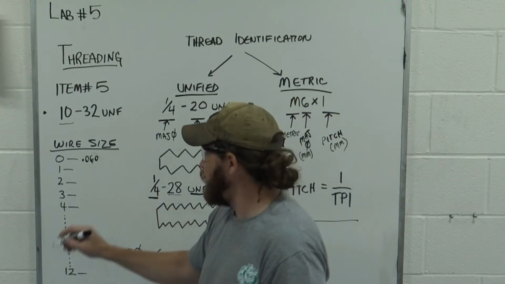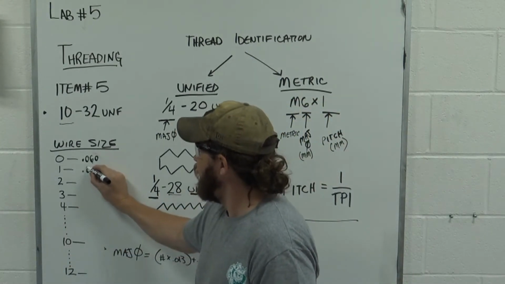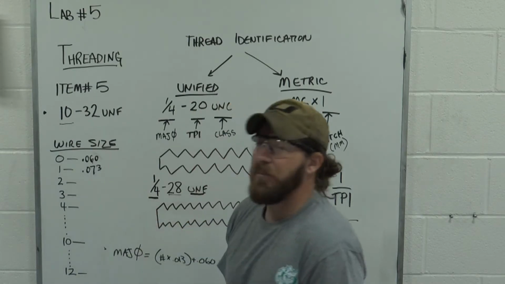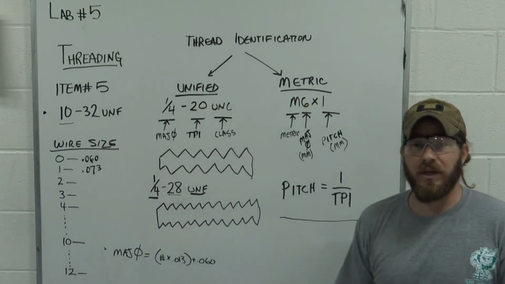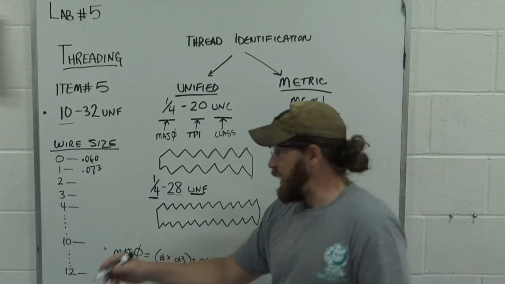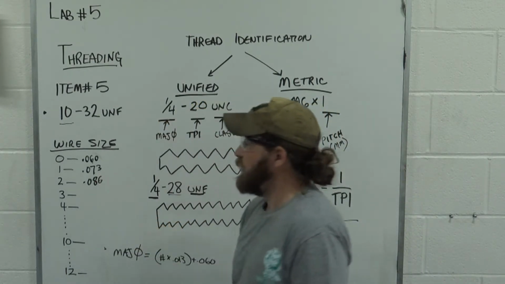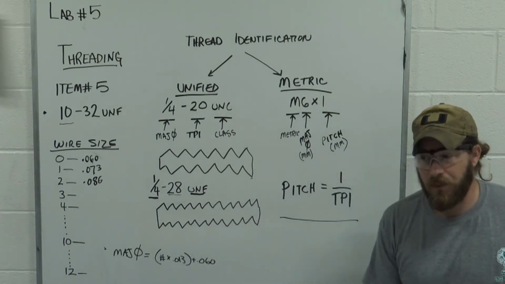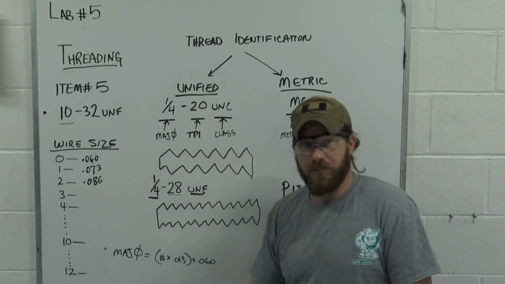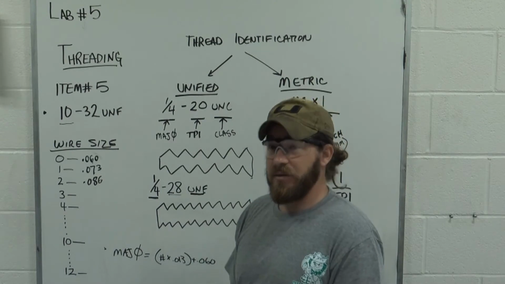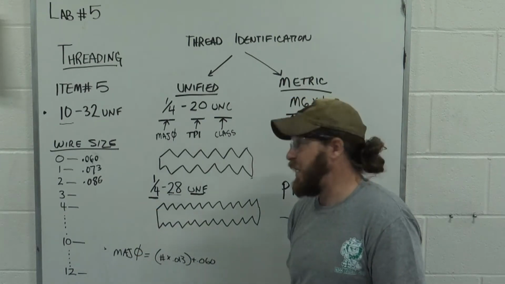So a number 1 would have a major diameter of 0.073. A number 2, 0.086. We're not going to go through all of them because I'm sure you're good enough at math at this point to figure this out.